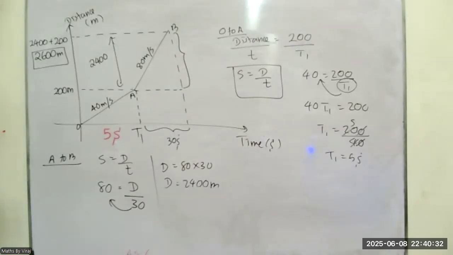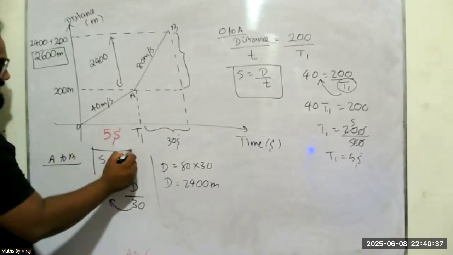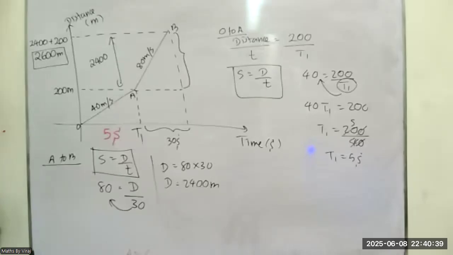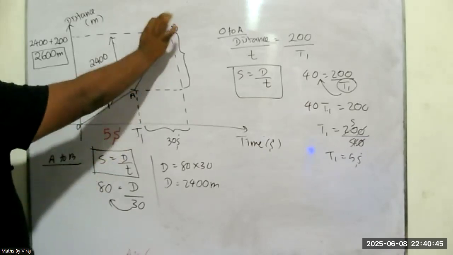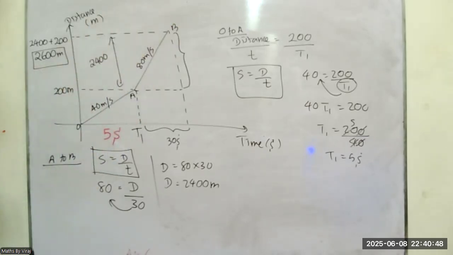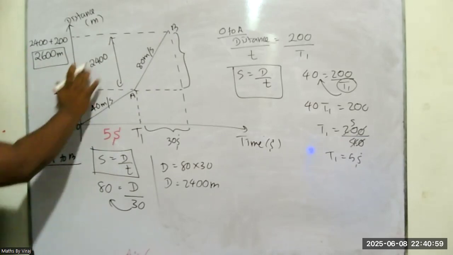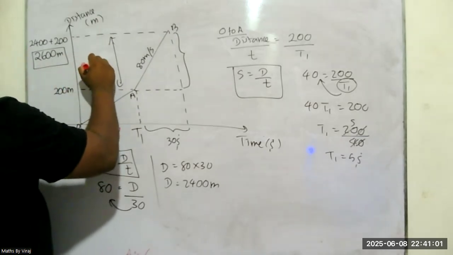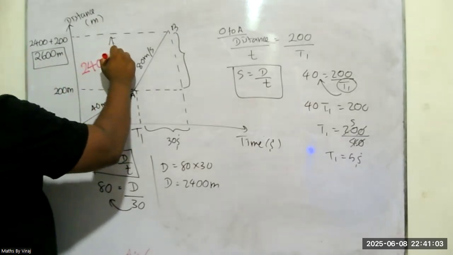So the most important part here is we have used only one simple equation in both instances, that is speed is equal to distance divided by time. Based on the graph that is provided, based on the data that is given, we have used them to find the time, and in this case, find the distance that it has traveled, which is 2400 meters.